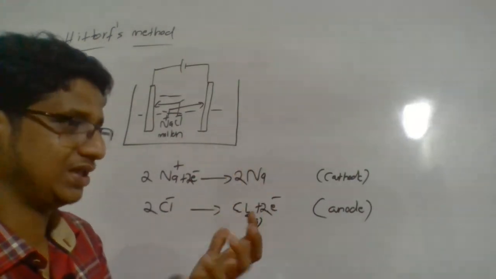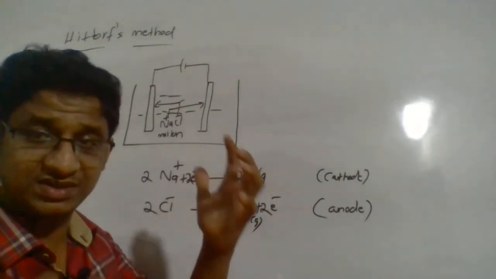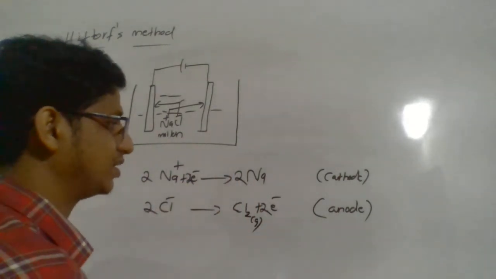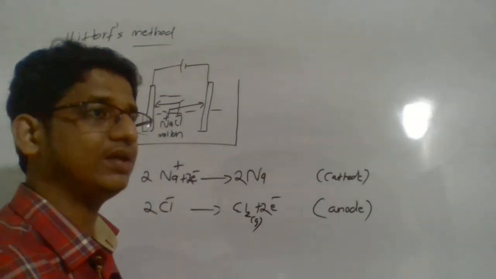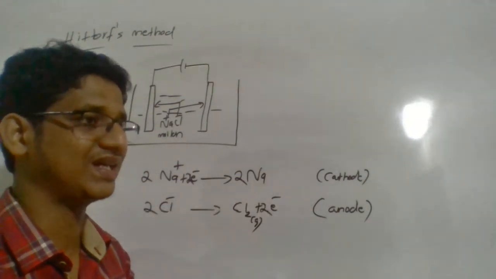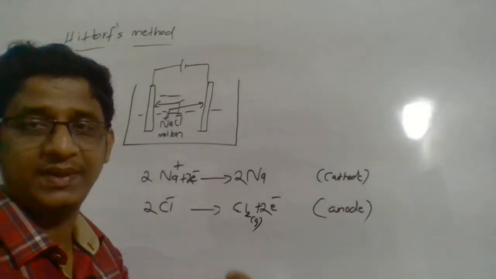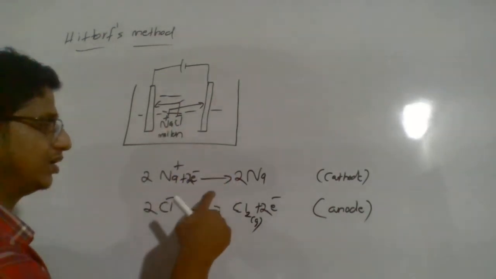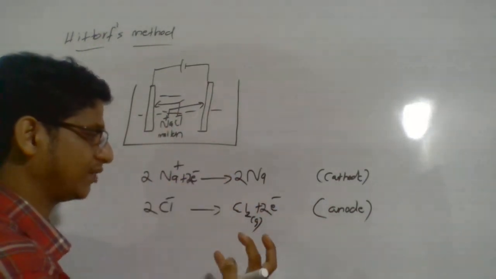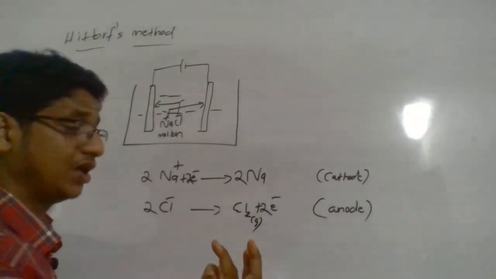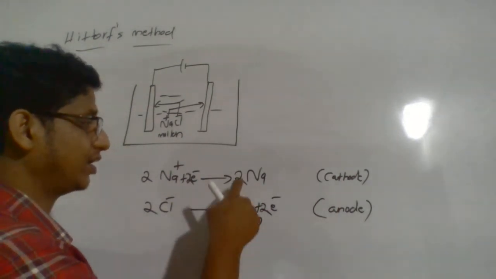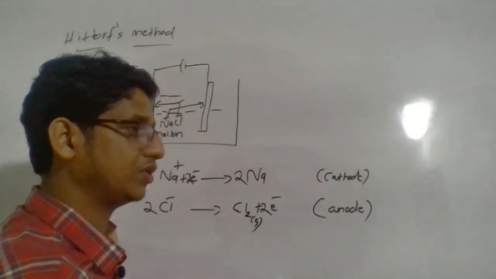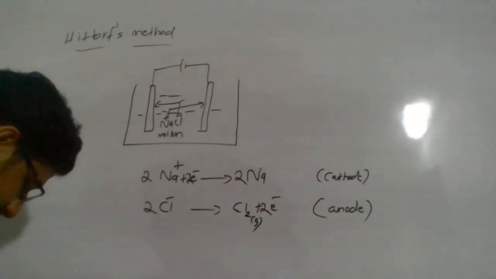For NaCl maybe the difference is not that large, but for other pairs of cation and anion they may move differently. But the amount of substance discharged at their respective electrodes will be equivalent, will be the same. So the amount of chlorine gas formed at the anode and the sodium metal formed at the cathode will be equivalent, irrespective of the speed of the ions. That's the first point.